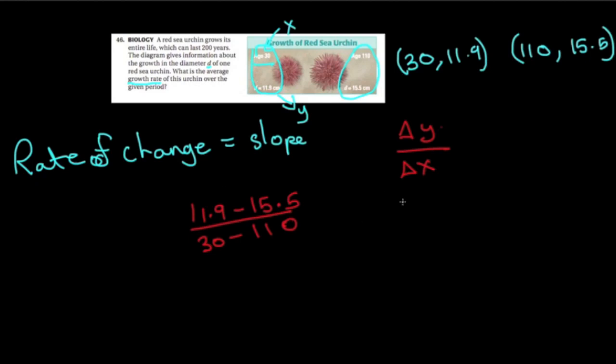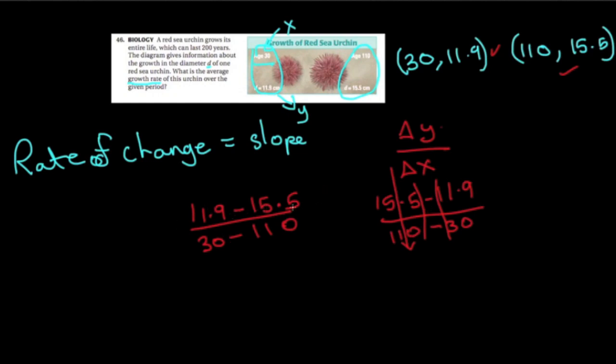You could as easily have done 15.5 minus 11.9, but you would have to make sure that you did 110 minus 30 as well. You cannot mix these up. This is a coordinate, and this is also a coordinate. You have to make sure that happens. If it's not, then you're doing something wrong. You just need to be careful about that.